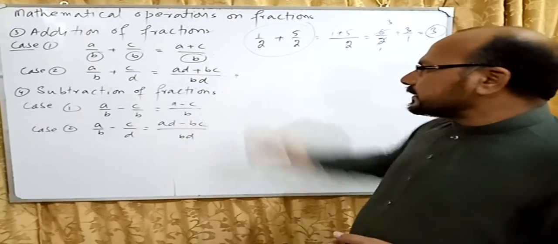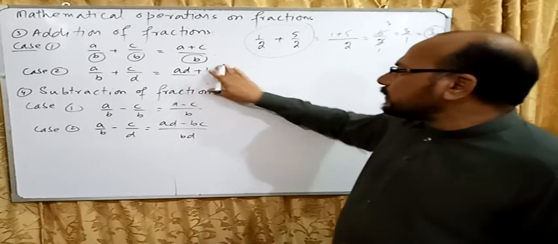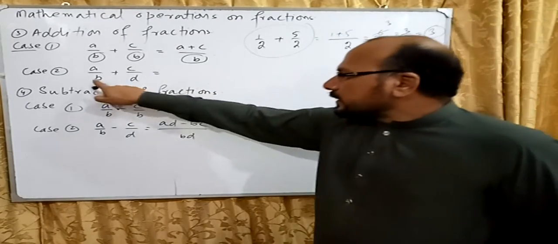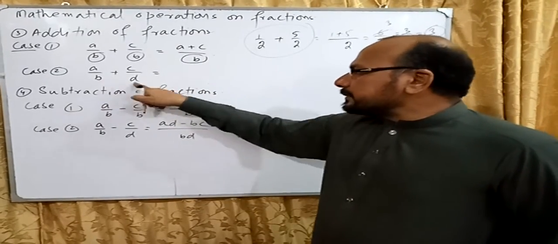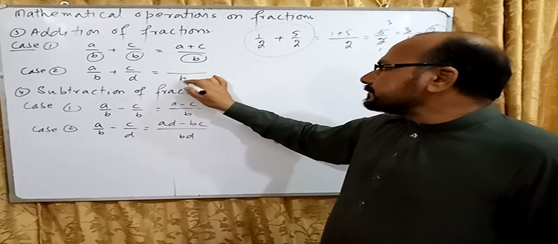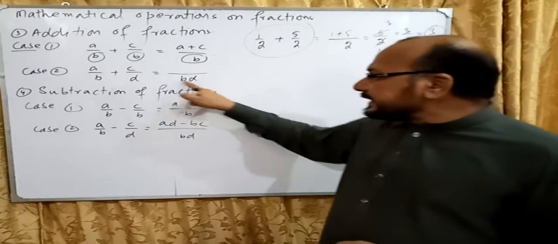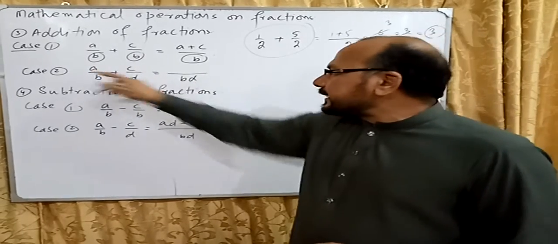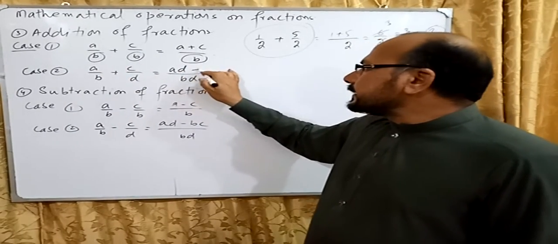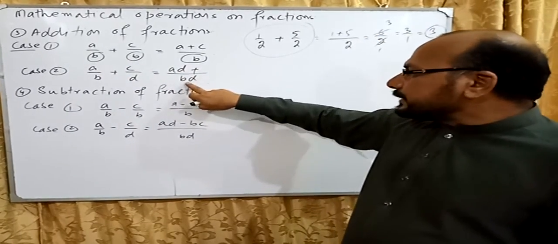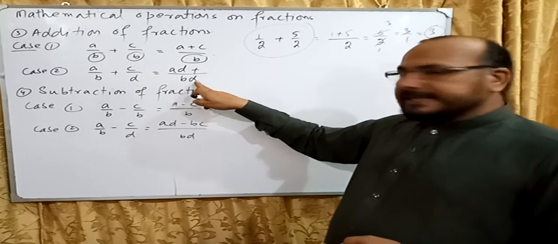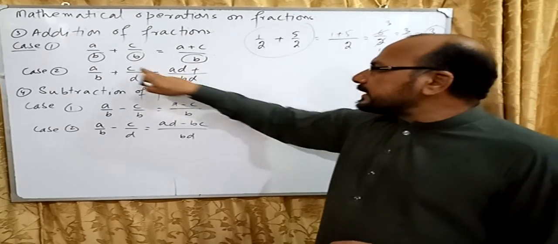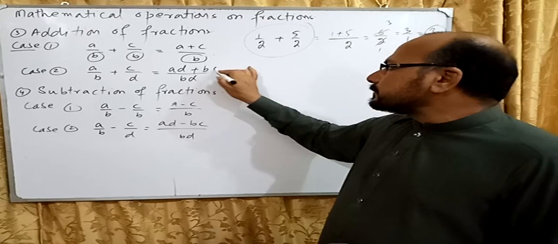Let me do it practically. Multiply these two: b multiplied by d becomes bd. Then bd divided by b, so b and b cancel. What remains is d. d multiplied by a becomes ad. Plus, again, bd divided by d, so d and d cancel. What remains is b. b multiplied by c becomes bc. This will be the answer.